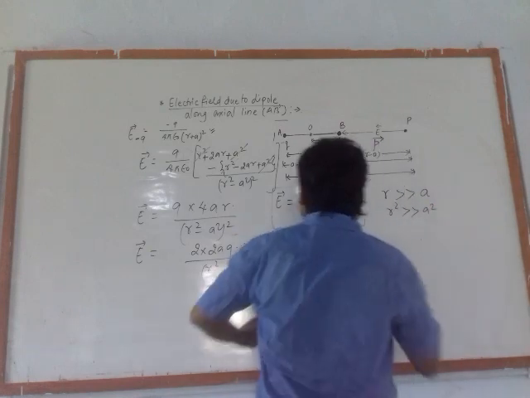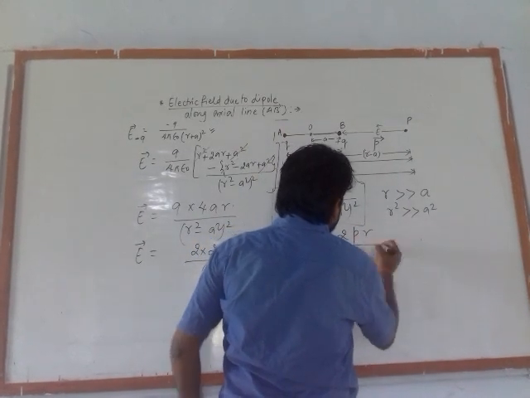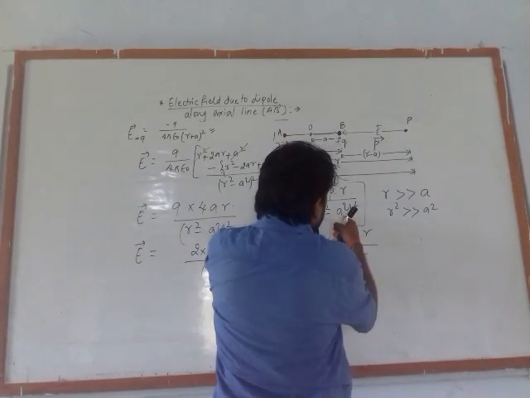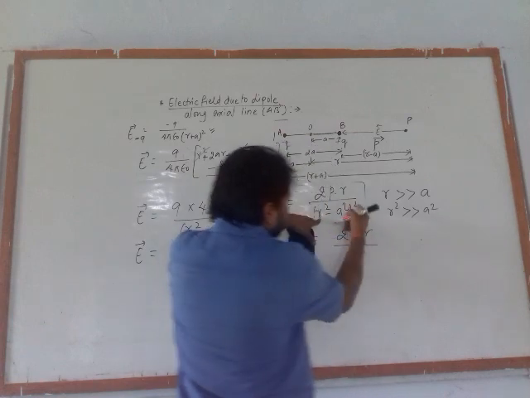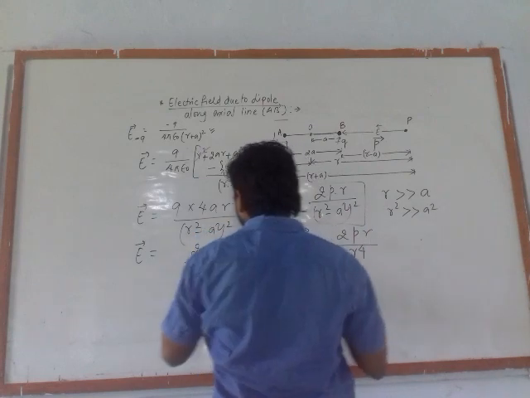Then E will be 2PR, and here R square minus A square will be negated, so it will be R to the power 4.